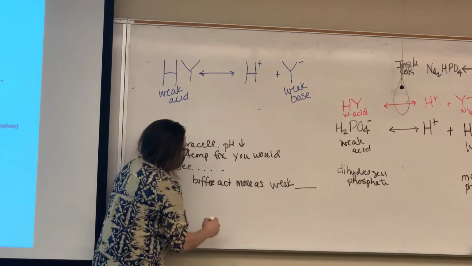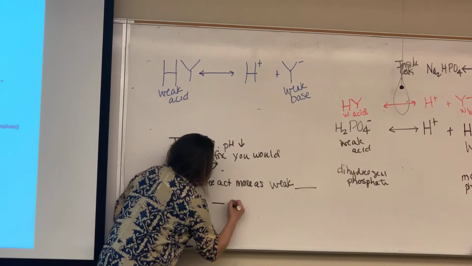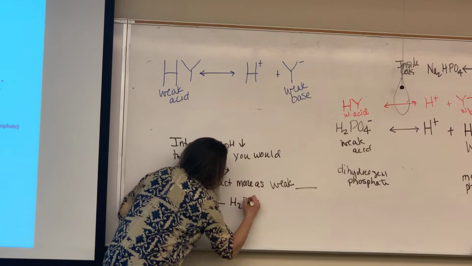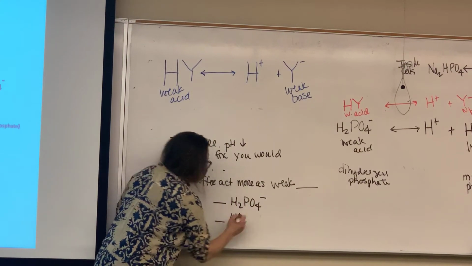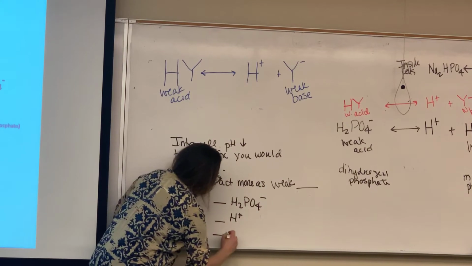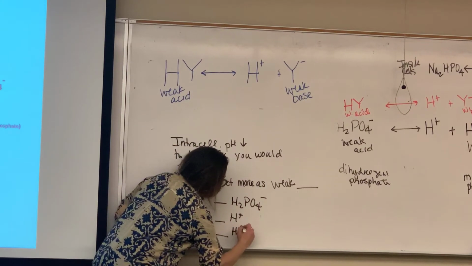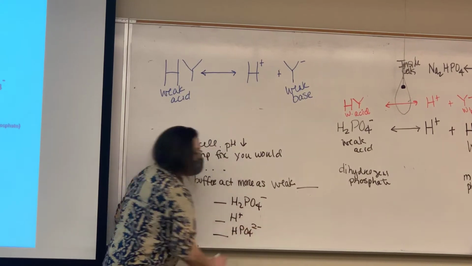And then we're going to say you would see more or less dihydrogen phosphate, more or less free hydrogen ions, more or less monohydrogen phosphate.